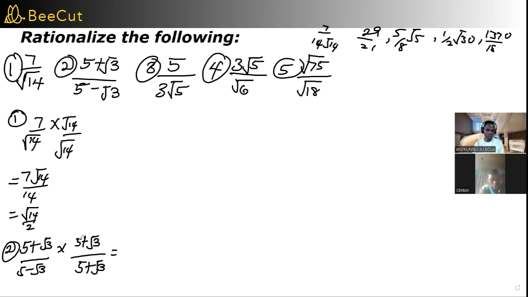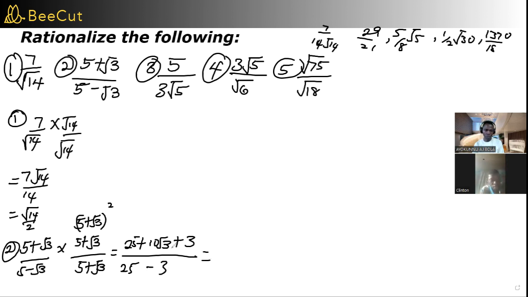That is 5 plus root 3 all squared. 5 times 5 is 25, then 2 times 5 is 10, that is 10 root 3, then plus root 3 times root 3 is root 9, that is 3. All over, it's the difference of 2 squares. So 5 squared is 25, then minus the other square, which is root 3 squared, 3.